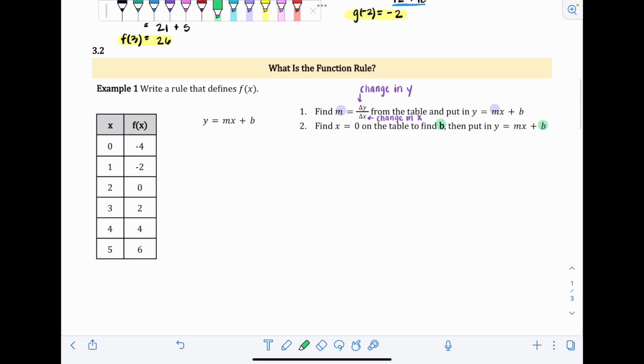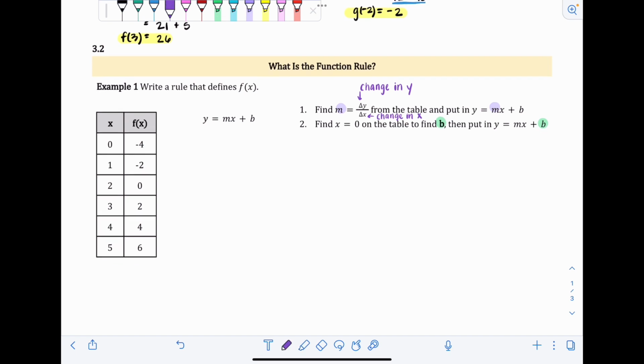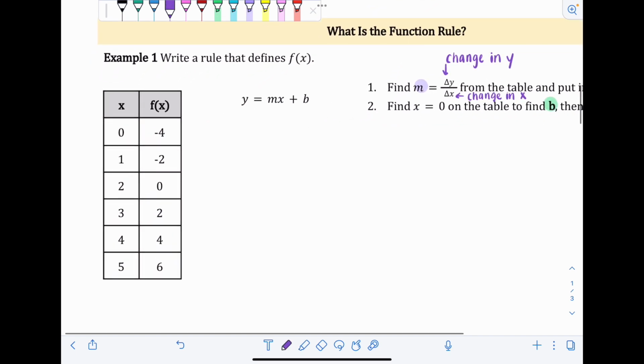Okay, so our table has the points (0, -4), (1, -2), (2, 0), and so on. I want to go through each of our y values and look at how they're changing. Just remember, f of x and y are interchangeable, so when I say the y values, I mean the f of x side.